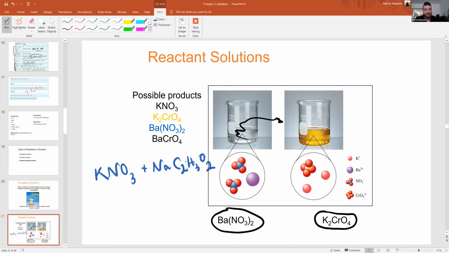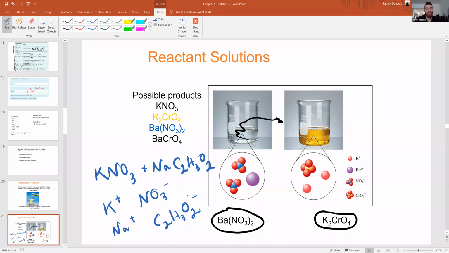So, all right, yeah, I think that's right. So this is potassium nitrate, soluble, sodium acetate, soluble. If I put these together in solution, there will be no reaction. The reason why is once they're in the water, they'll be split apart into K plus, NO3 minus, Na plus, C2H3O2 minus.